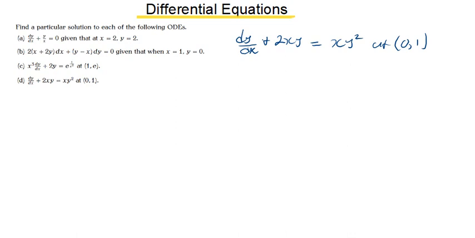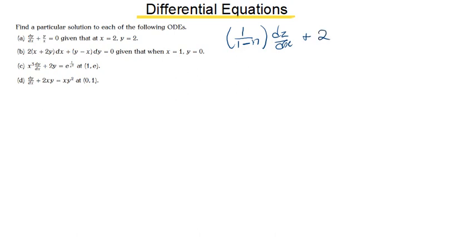The method I'm going to use here is that I observe that what I have here is simply a Bernoulli equation. Remember that for a Bernoulli we can write it in the form 1 over 1 minus n dz dx plus 2xz is equal to x.